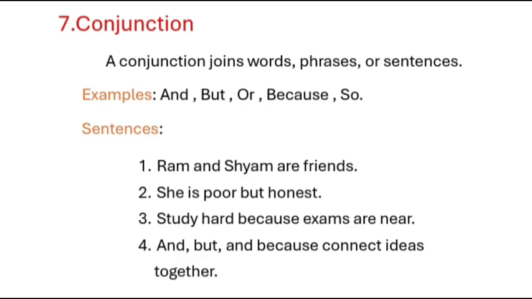In simple words, conjunctions are called joining words. For example, and, but, or, because, so. Sentences: Ram and Sham are friends. She is poor but honest. Study hard because exams are near. And, but, and because connect ideas together.